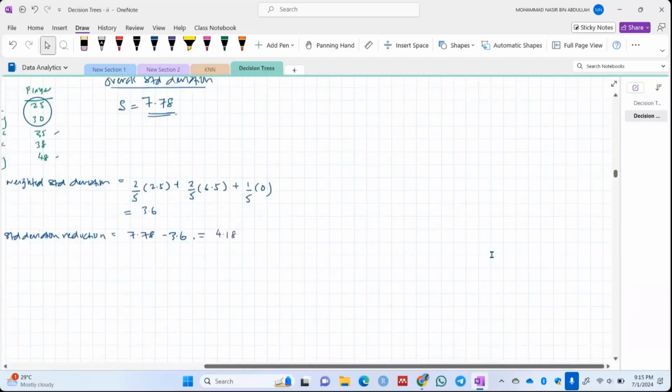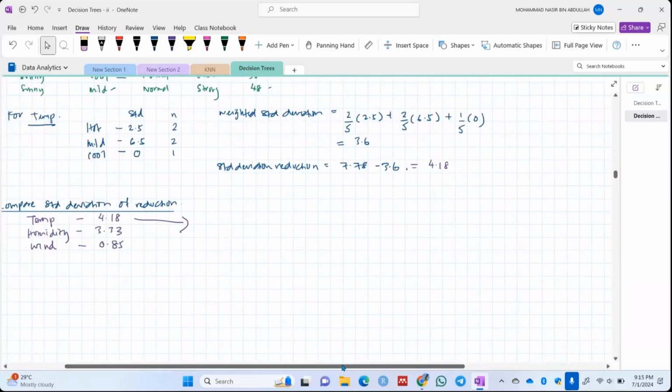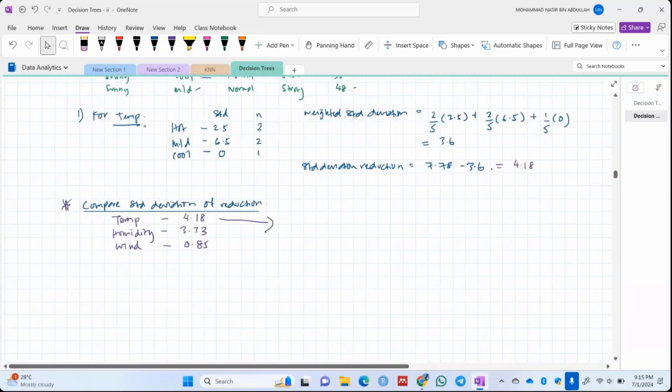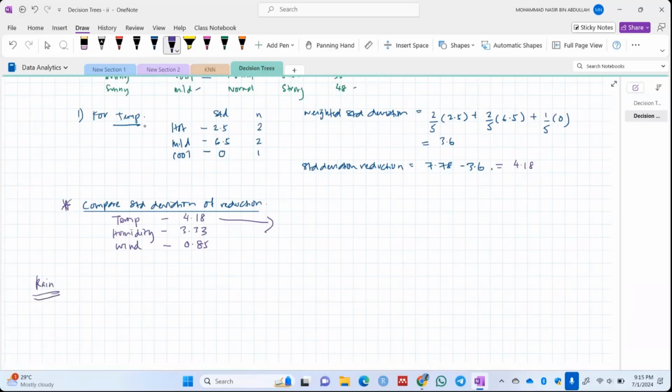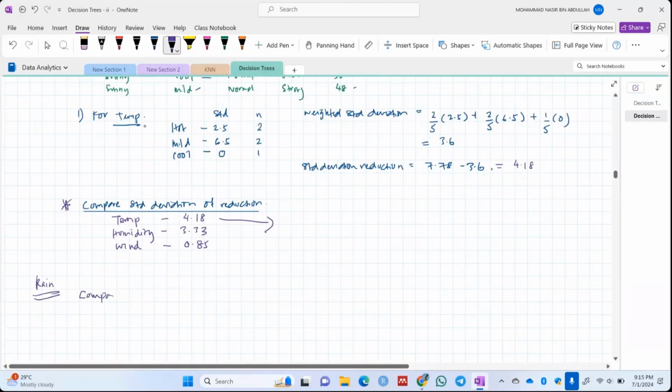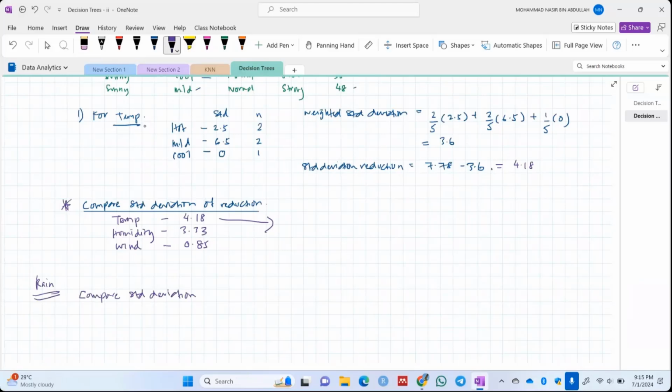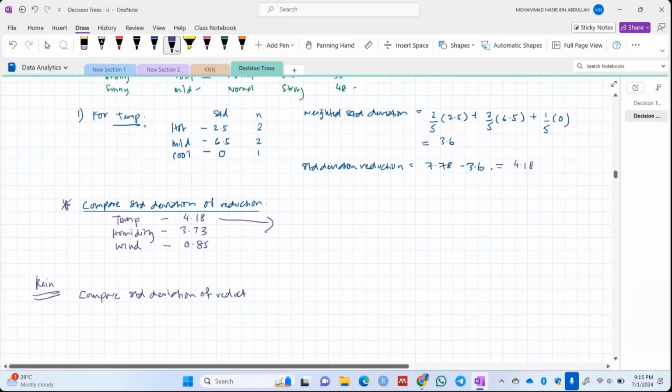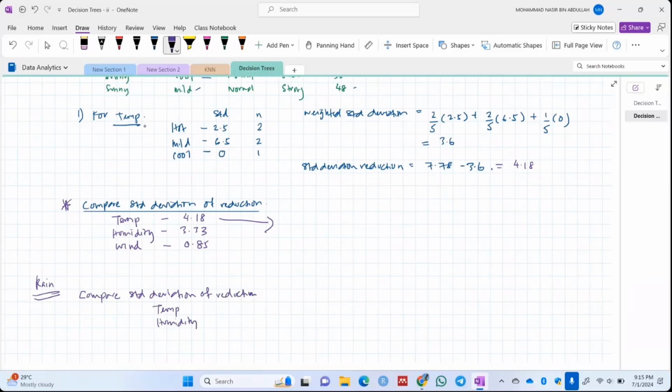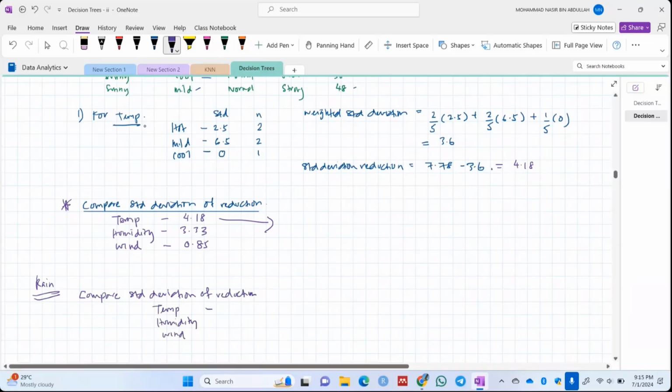Compare the standard deviation reduction: temperature 0.68, humidity 0.38, and the last one, wind, 7.62.